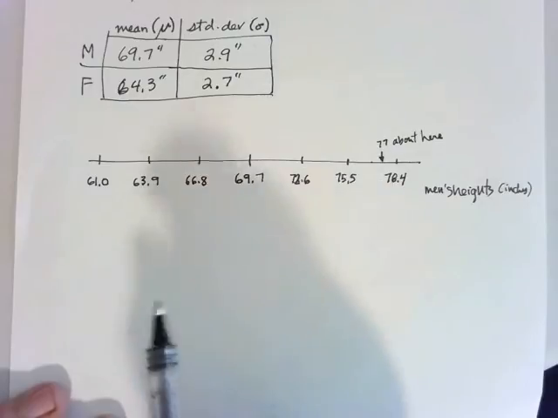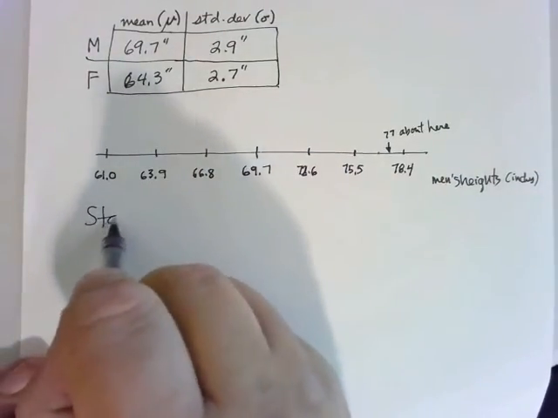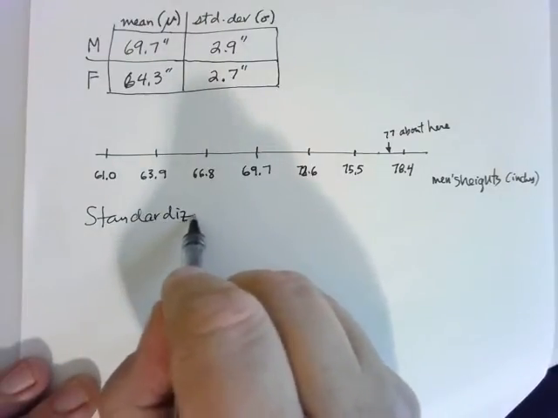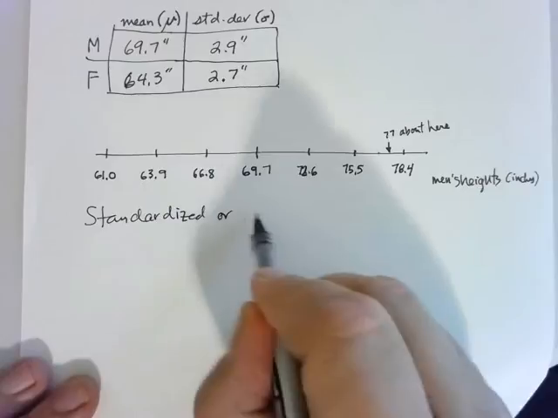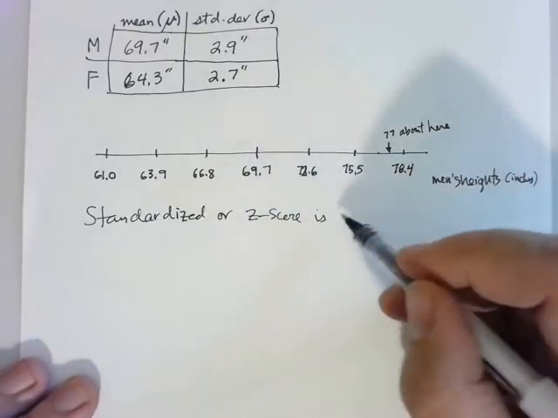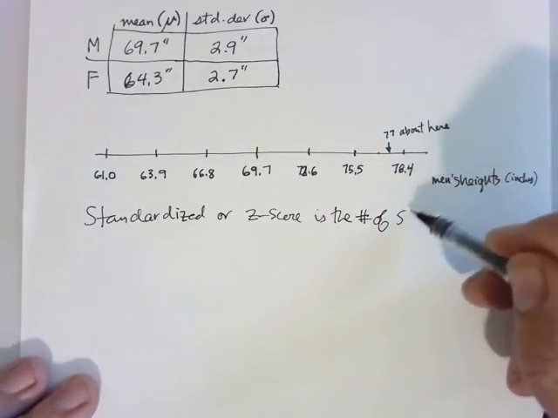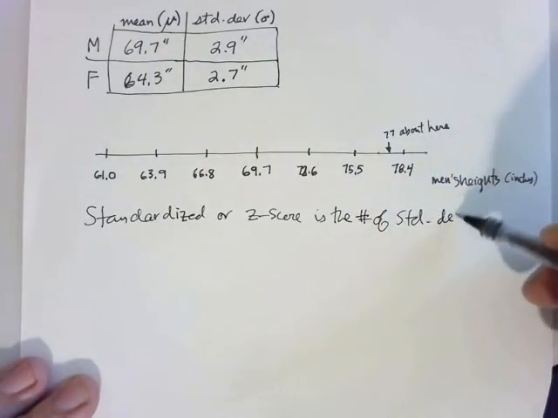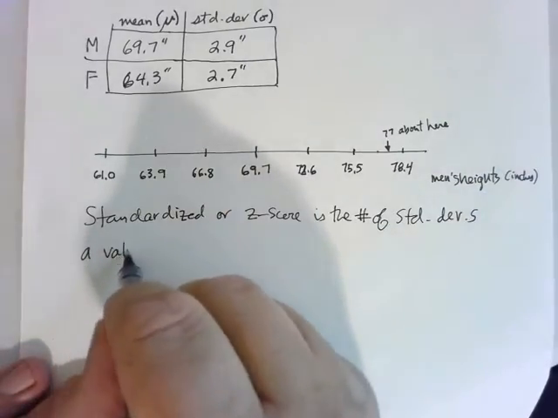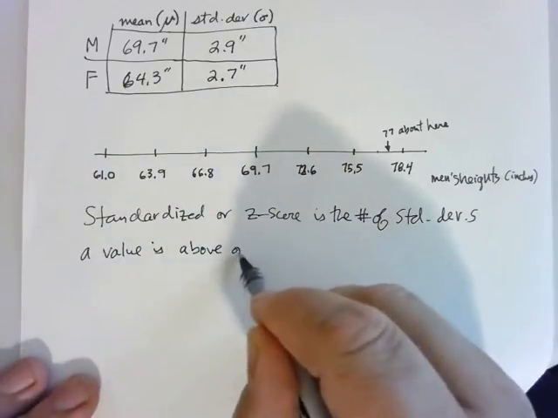And all a standardized score is, so finally we have the definition: the standardized score, or z-score, is the number of standard deviations a value is above or below the mean.